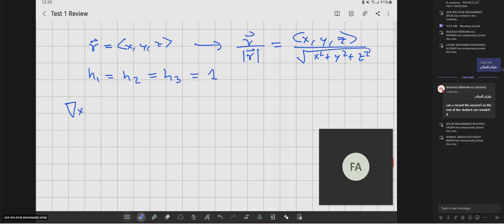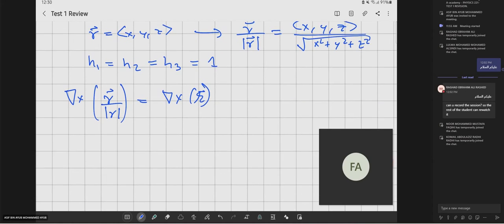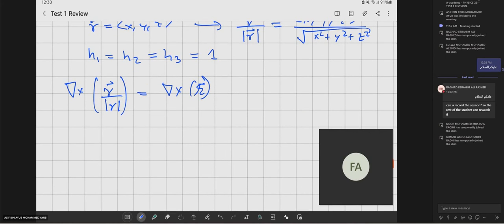So the curl of r over the length of r, let's call this r-script. Again, this is a notation that comes from Griffiths, the author of the book for electromagnetism, which you'll take next semester. The course is usually offered in the next semester.